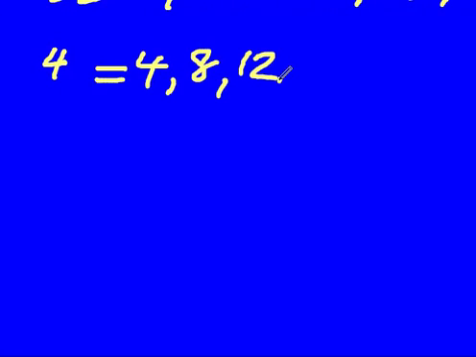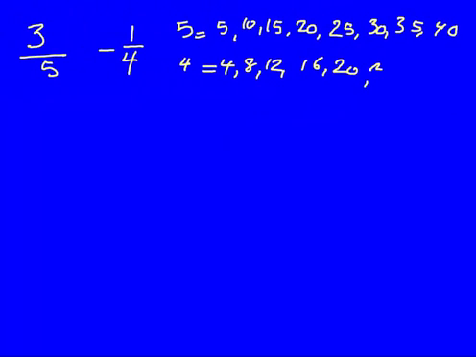And now if I write down 4's times table, 4, 8, 12, 16, 20, 24, 28 and so on. I can see that 20 is the common multiple, or the first common multiple.